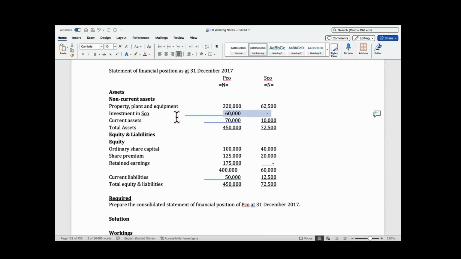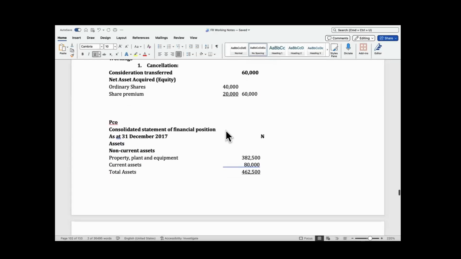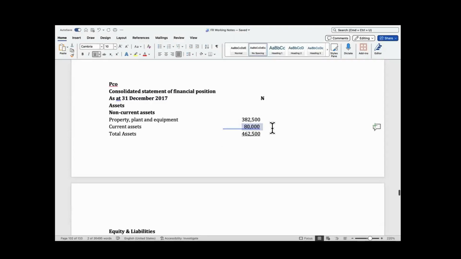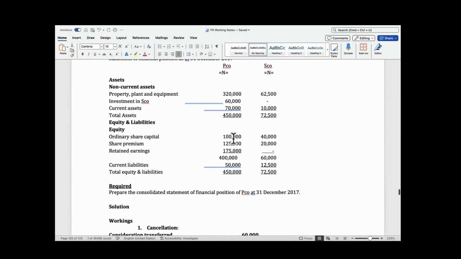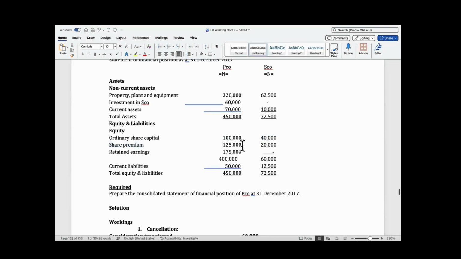There's no need to add. This current assets is the addition of this 70 and 100, which is 80. Then ordinary share capital, this 100 is just that of the parent because this has been cancelled out. The share premium is this because this has been cancelled out.